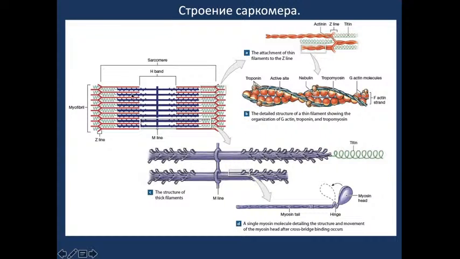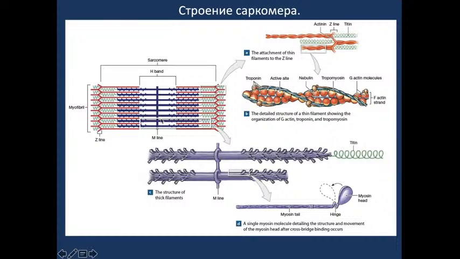But thick filaments, here they are violet or blue, are 16 nanometers in diameter and have the same length. Those filaments are composed mostly of the protein called myosin.